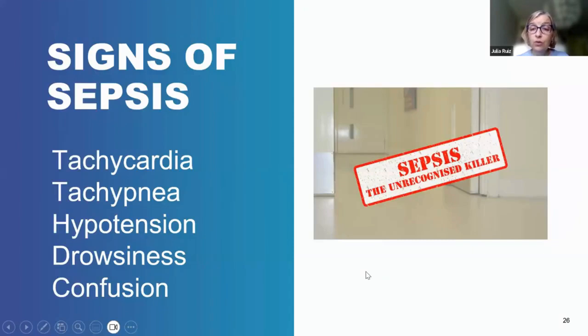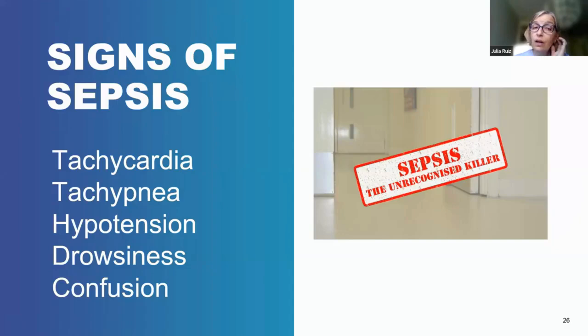And now we have some words about sepsis. Sepsis is really the unrecognized killer, as it says here in the slide. Some signs of sepsis are tachycardia, tachypnea, hypotension, drowsiness, and confusion. It's very important to know the signs of sepsis.